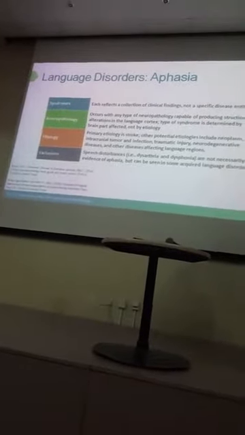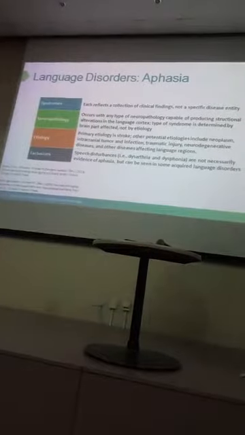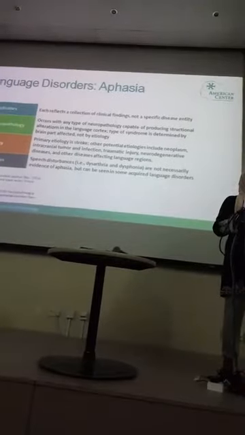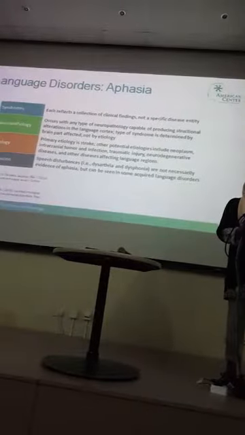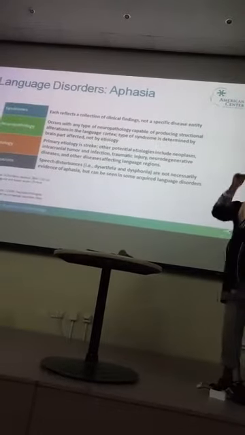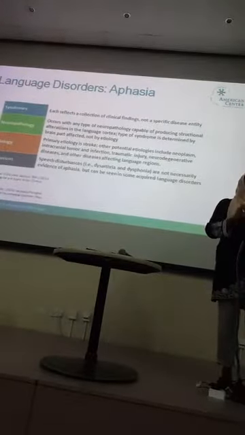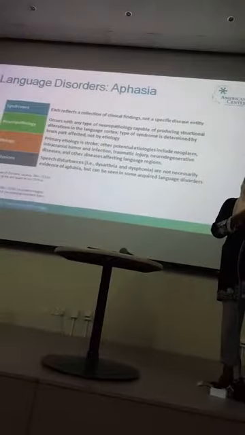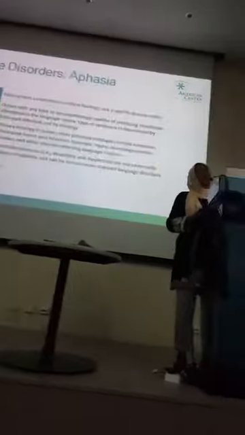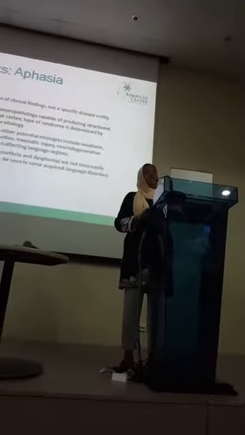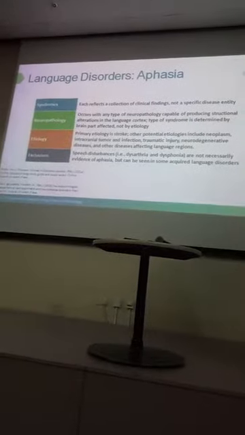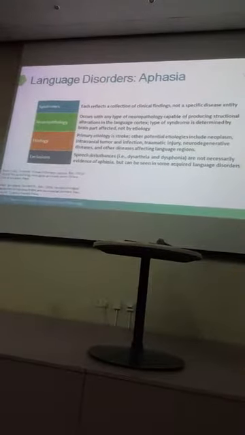Okay, so when we're looking at the aphasias, it's important to realize that the aphasias are a collection of behaviors, essentially. They're not related to just a specific disease entity. It's not that you get this disease and then you have aphasia, although you will have aphasia associated with specific regions of the brain. But what is causing that, the etiology of the change in that region, could be a traumatic event, it could be a stroke, it's very often a stroke.